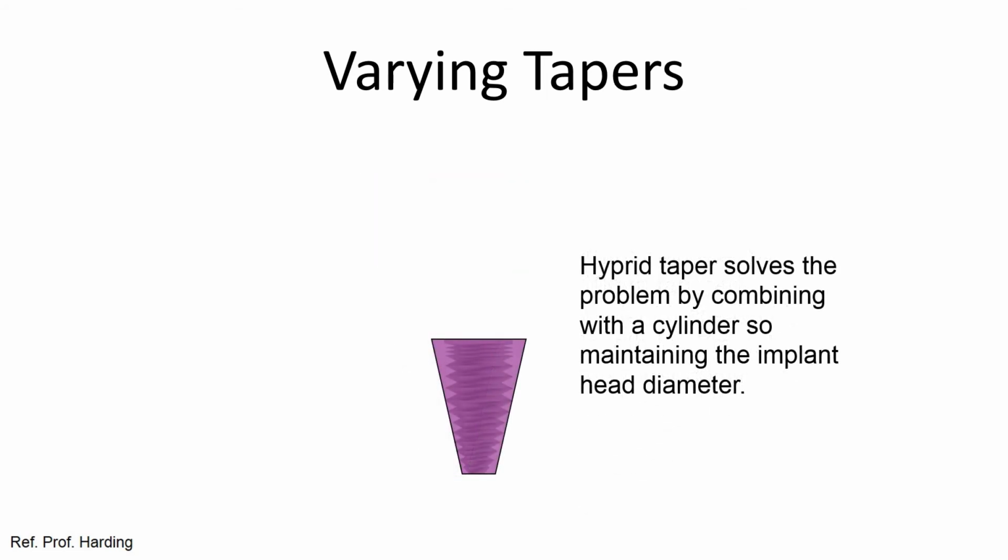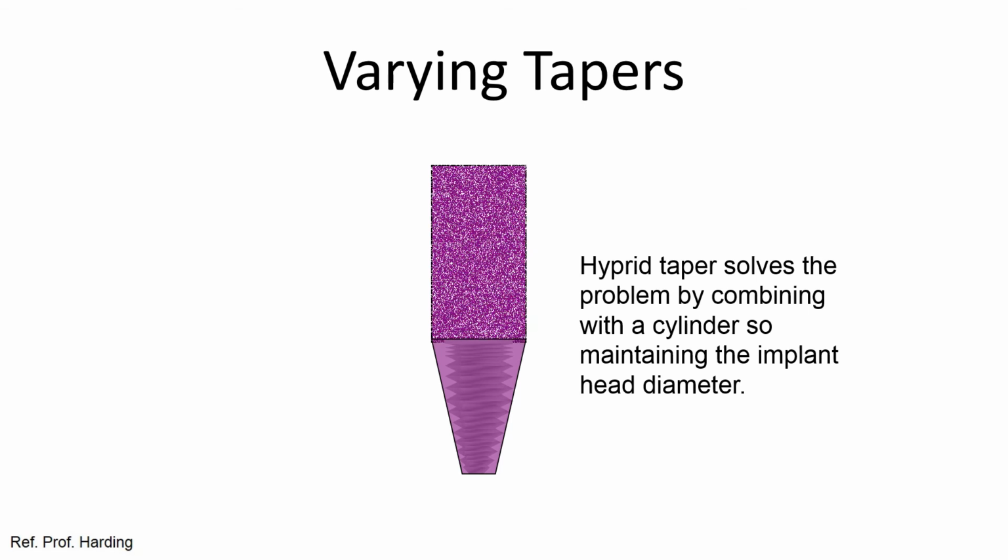Now, one way of overcoming this problem of a continuing taper is to consider a hybrid taper, and this solves the issue by combining the features of a taper with those of a cylinder. So basically we produce a taper till the required diameter is reached, say 4mm in the neck region.